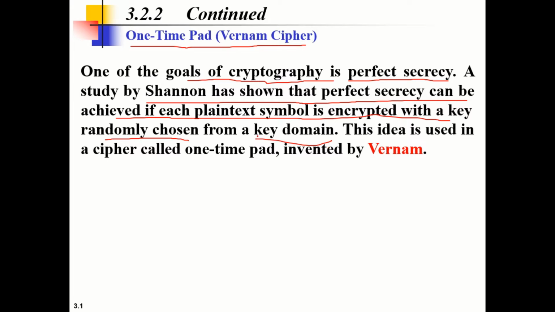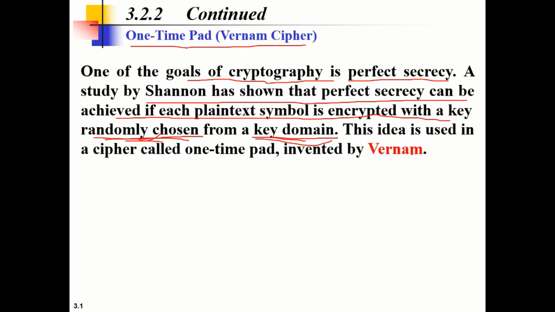If we use a key which is chosen randomly from the given key domain, and there are more conditions to it which we will be talking about, then we can say that we can provide perfect security for sending the message from one place to another.